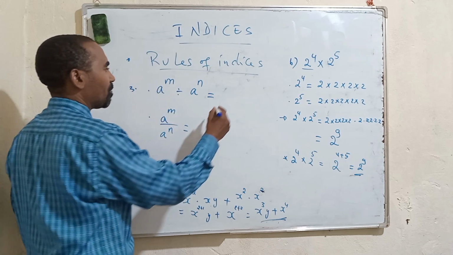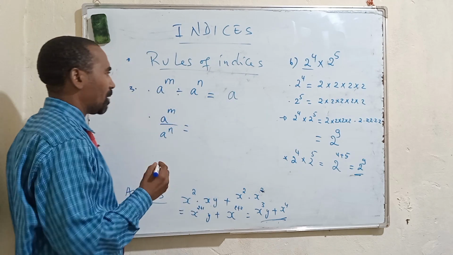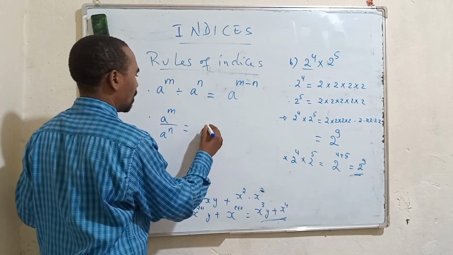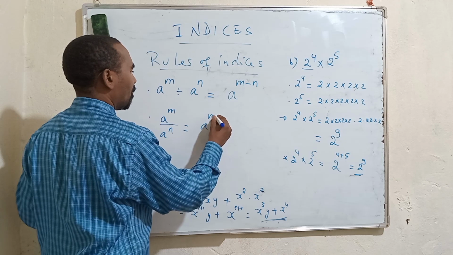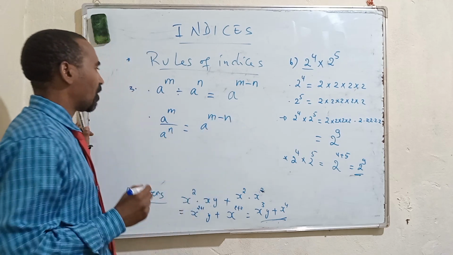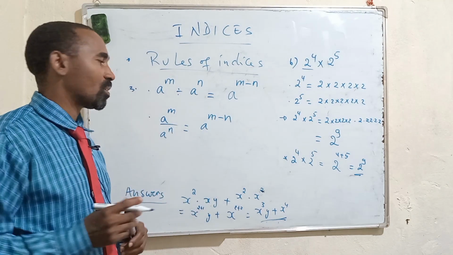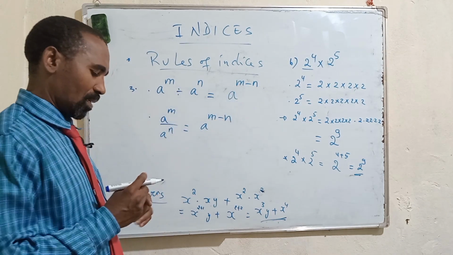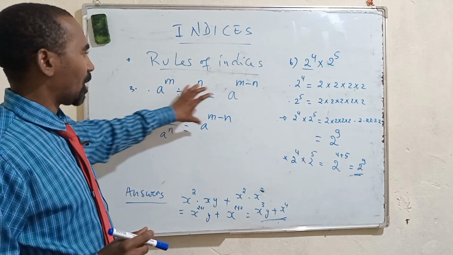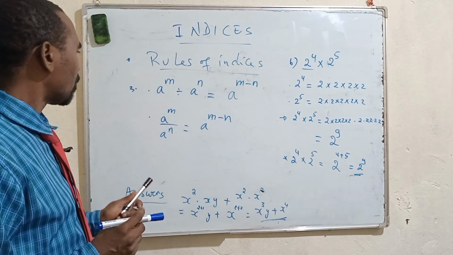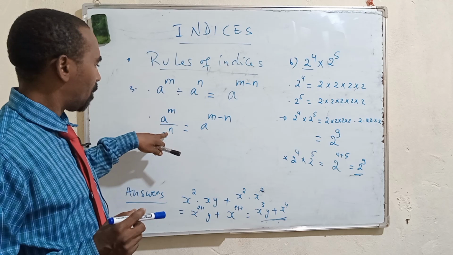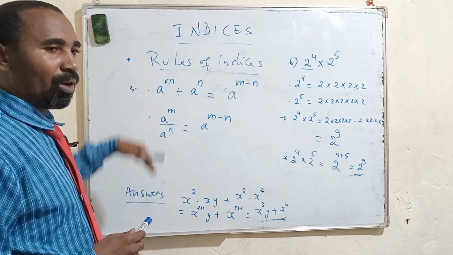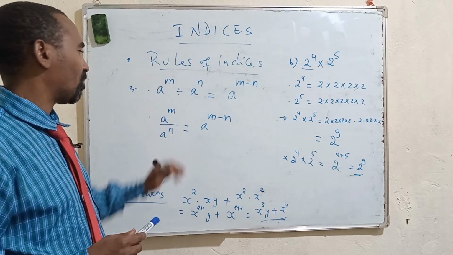This means the same: you copy the base and now you subtract the powers, m minus n. If you are dividing indices of the same base, you copy the base and subtract the powers. Here there are two cases. You can find the power of the denominator bigger than the power of the numerator, or the power of the numerator bigger than the power of the denominator.